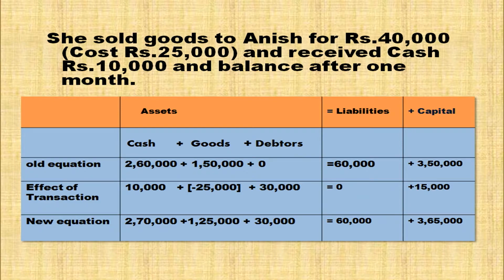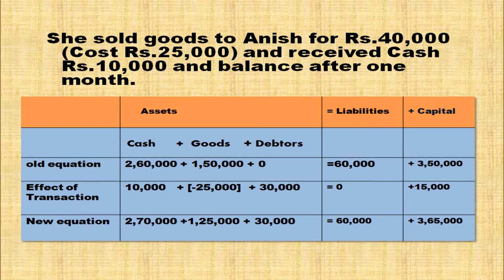So, add 10,000 in the cash column. The remaining goods are sold on credit because the balance will be received after 1 month. So, debtors are increasing to rupees 30,000. Out of 40,000, 10,000 is received in cash and 30,000 on credit. That is why 30,000 is shown in the debtors column.